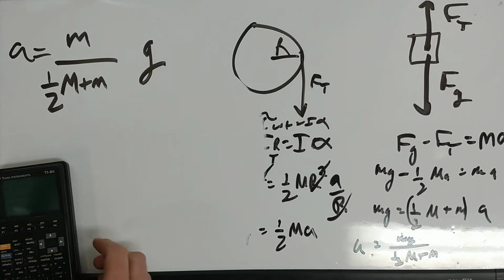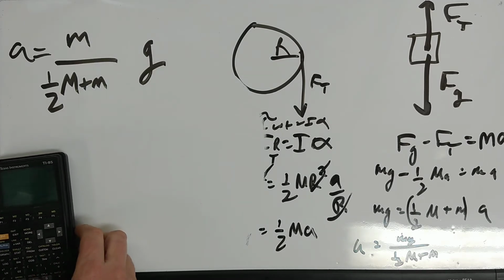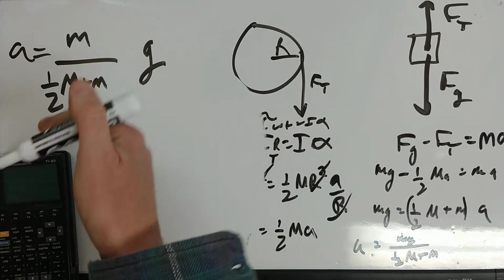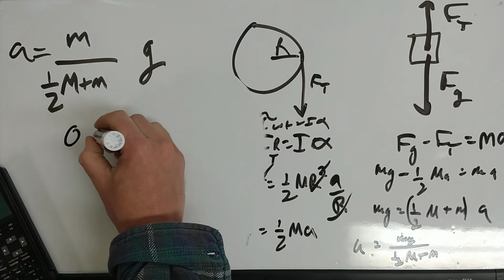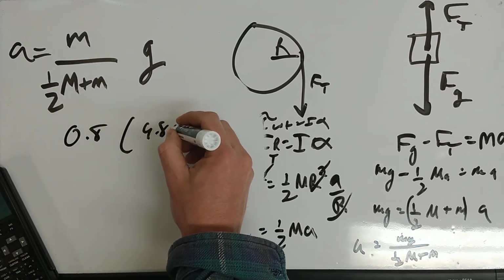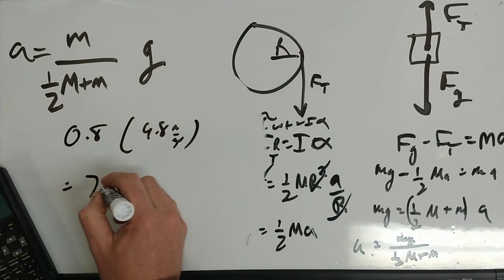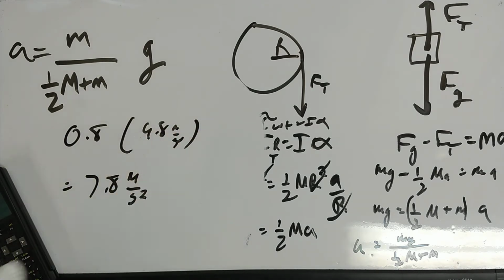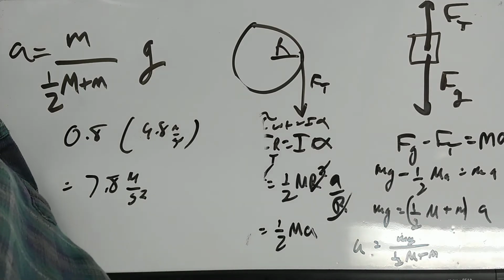So this is 0.8 times 9.8 meters per second squared. You get 7.8 meters per second squared. All right, that's the answer there. A couple of you picked 9.8 and 6.7. Not sure how you got there, but that's what it was.